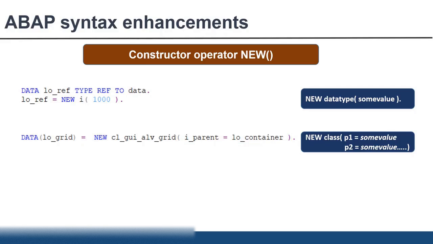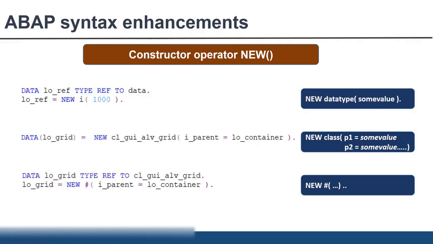The third variation is creating with a hash symbol. This creates either an anonymous data object or an instance of a class, depending upon the operand type specified on the left. You may ask the question, how would the system know for which class or data type it has to create an object? Look at the example.